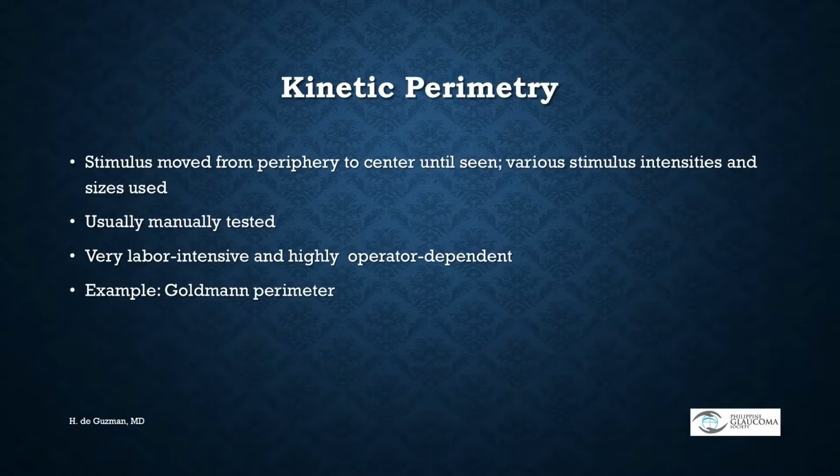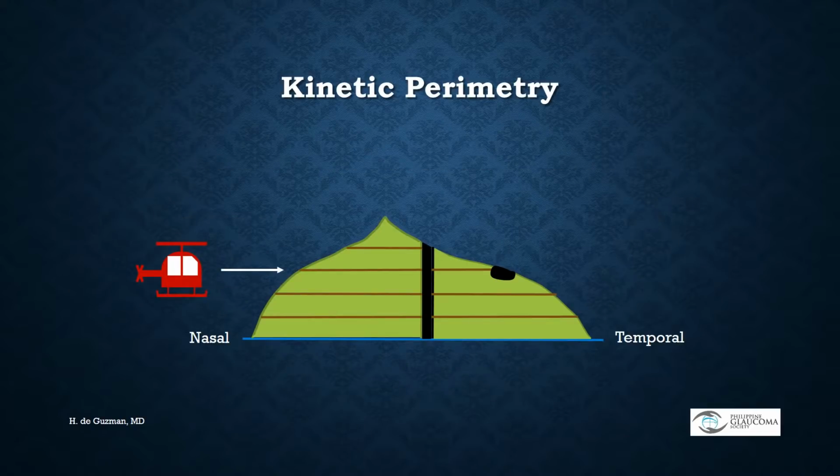This is usually manually tested, and it tends to be very labor intensive and highly operator dependent. The most common example of this is the Goldmann perimeter. Kinetic perimetry is like mapping our island by flying in at a fixed altitude until you hit the island, and doing that from multiple directions and at multiple elevations.